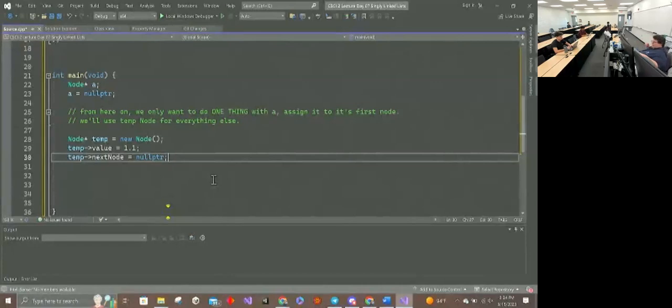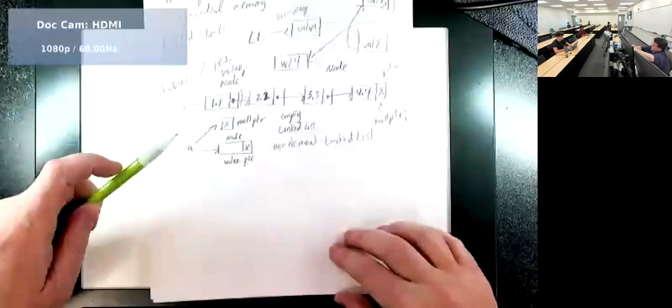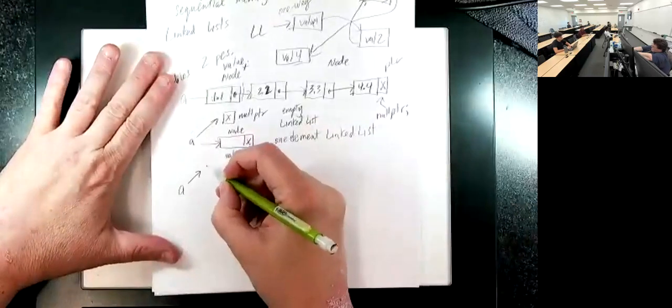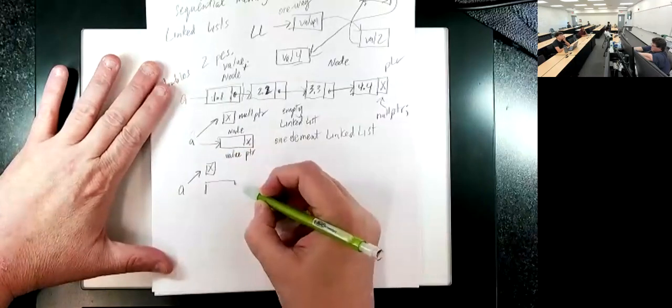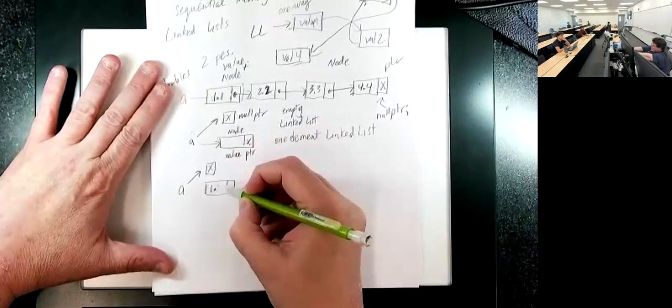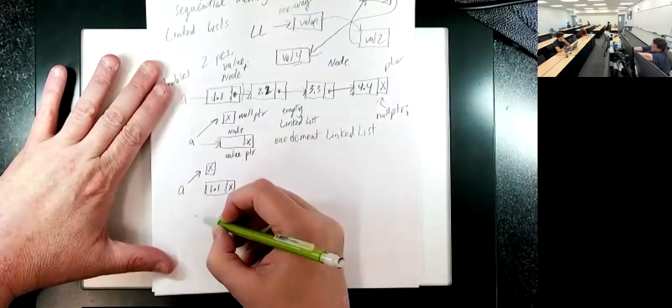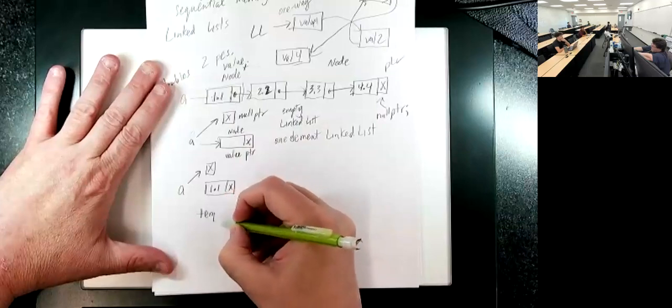What I've got going on right now is the following. We've got A pointed to a null. And I've got a box here with 1.1. This is null terminated, and temp is pointed to it.